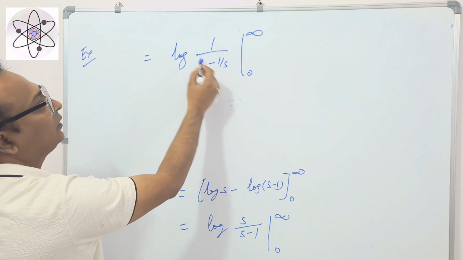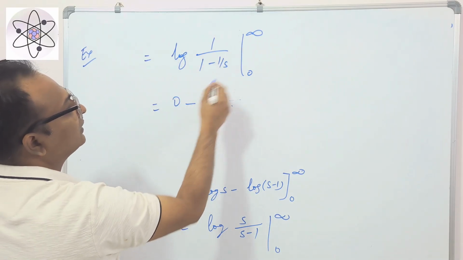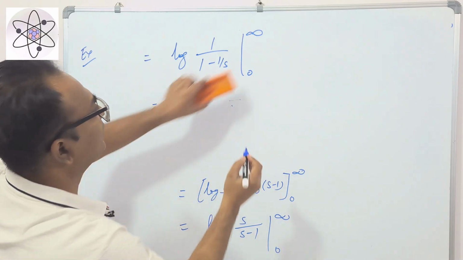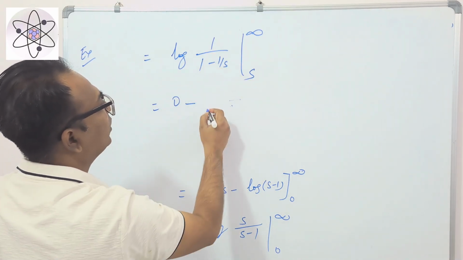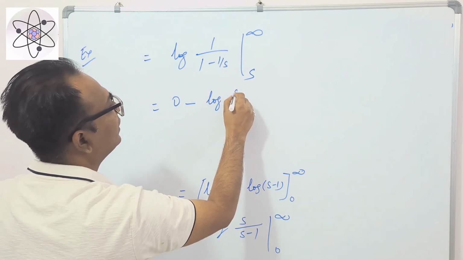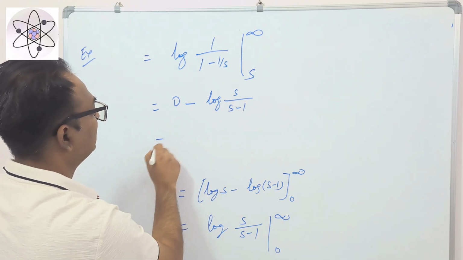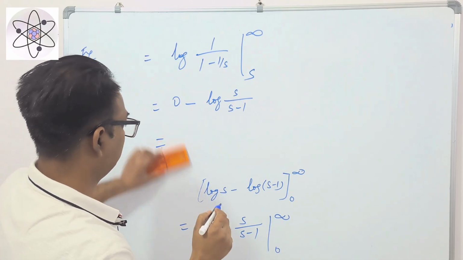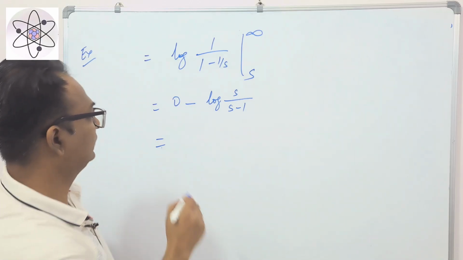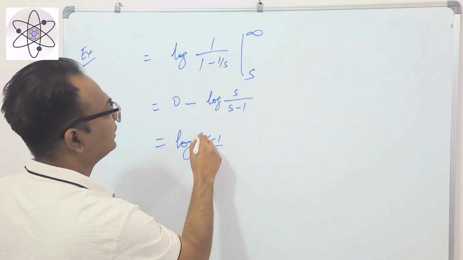So this will be log of 1 at infinity, this is 1 by 1, that is 0, minus log of, sorry, not 0, log of s. So log of s simply. So this will be s by s minus 1, minus, just it reverses. So this will be log of s minus 1 by s.